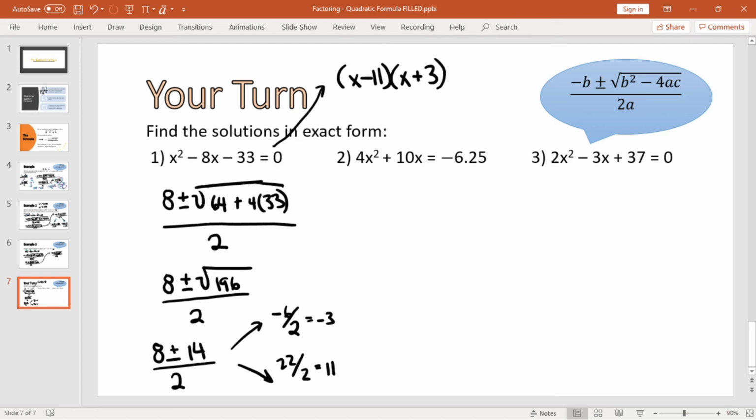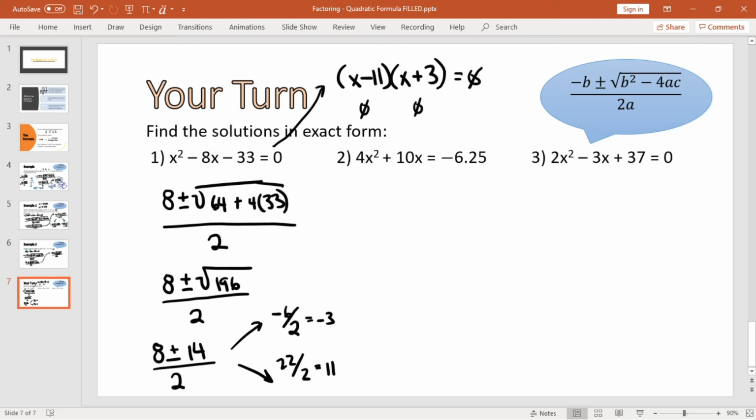And that makes sense, because if you want to make this thing equal to 0, how do you do that? If x is equal to positive 11, then you get a 0 here. Or if x is equal to negative 3, you get a 0 here. And anything times 0 equals 0. So just be careful if you end up using the quadratic formula when you should have factored, you're going to have to flip the signs into factored form.